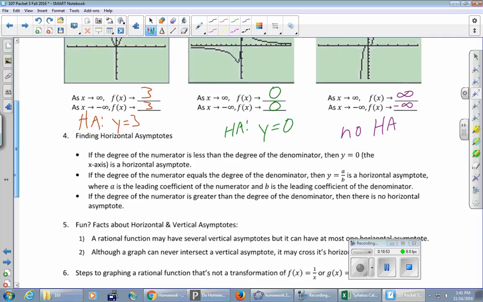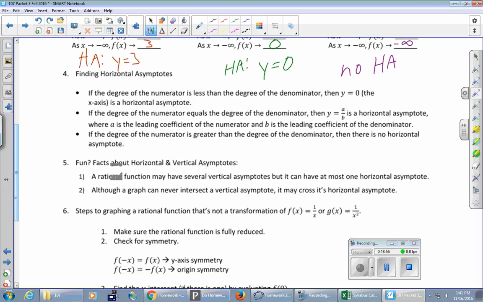Let's read number 4 here. If the degree of the numerator is less, which means there's more x's left on the bottom, then y equals 0. Anytime you have x's left on the bottom, asymptote is y equals 0. If the degree of the numerator equals the degree of the denominator, then we're looking at those numbers in the front, the leading coefficients.